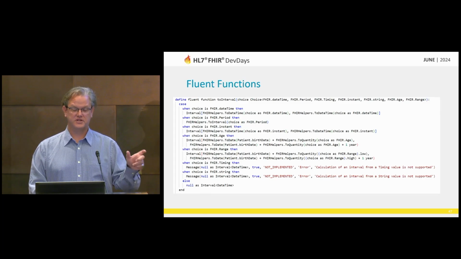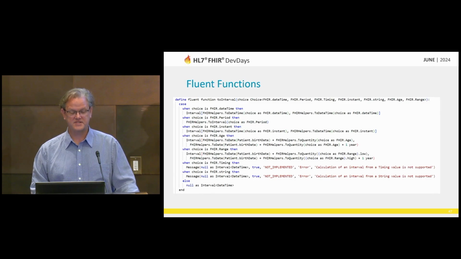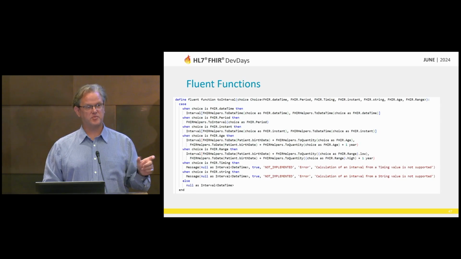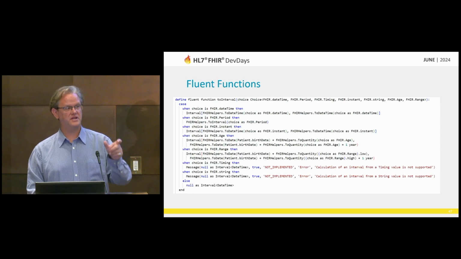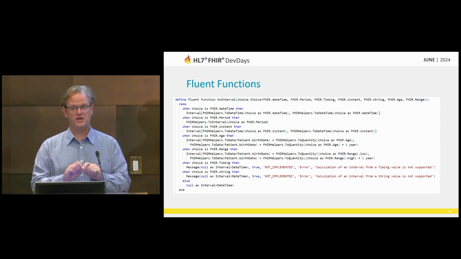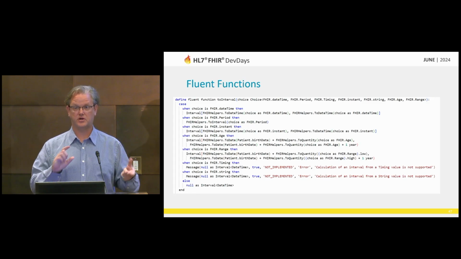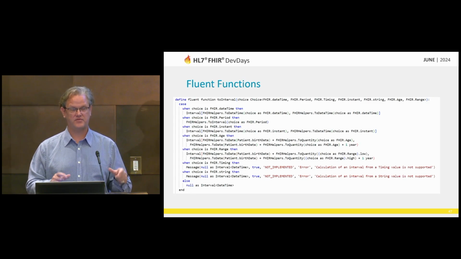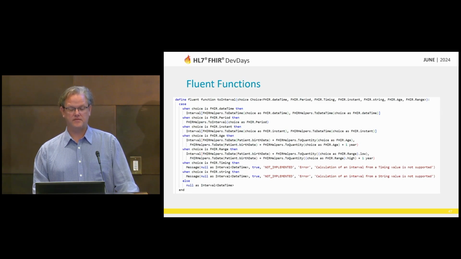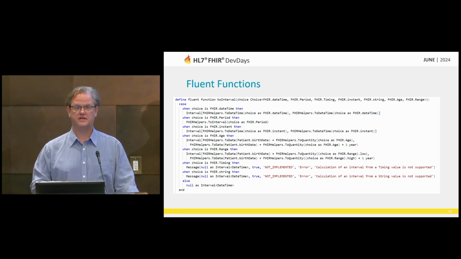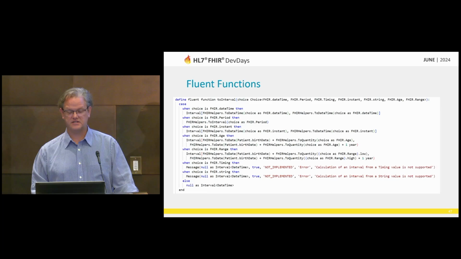And this fluent function, that's a little bit of an eye test, but what's happening is it's going through each of the possible representations and returning it as an interval. So if it's a date time, it returns it as an interval starting and ending on that same date time. If it's a period, it turns it into an interval. This is what we call a fluent function in CQL, which means that I can invoke it on the first argument using a dot.